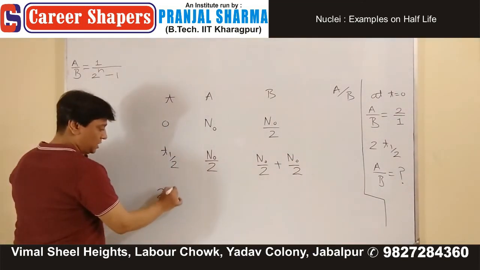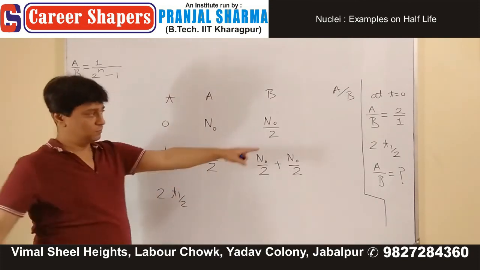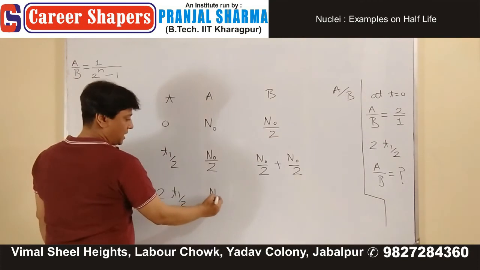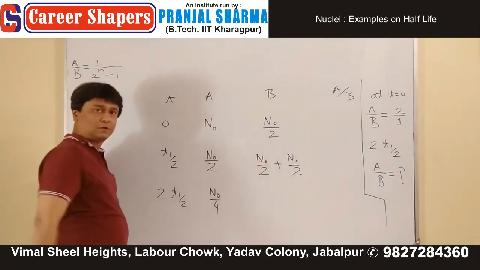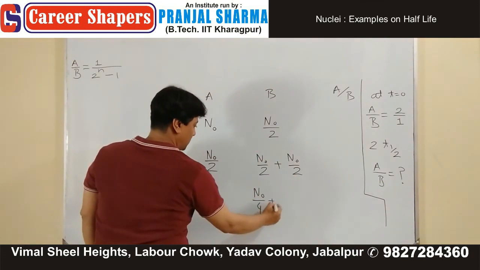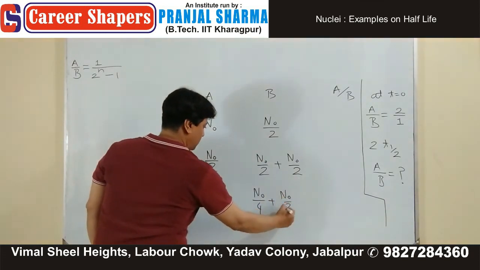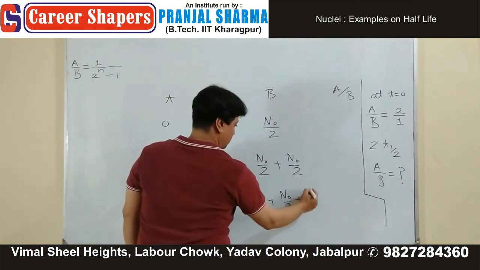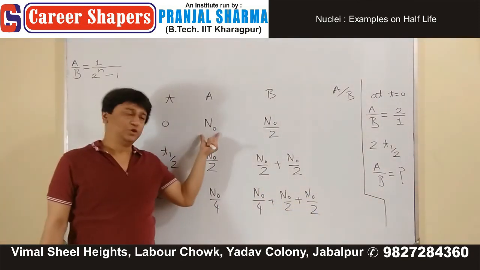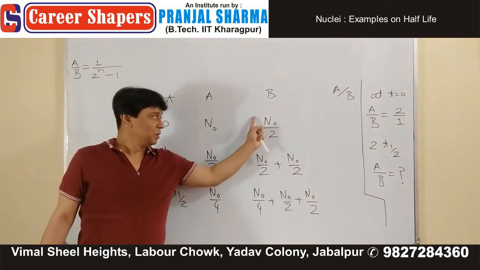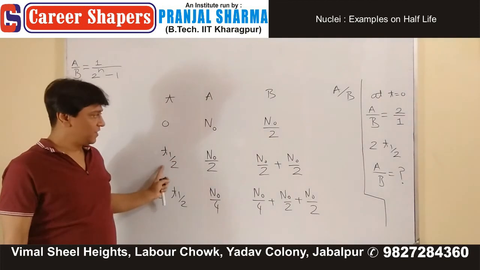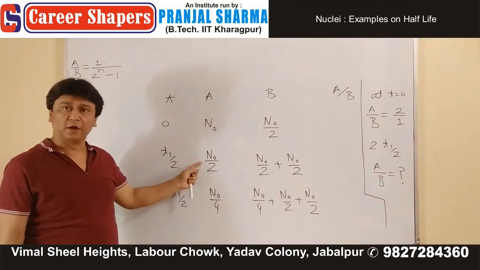After 2 T halves, this becomes N naught by 4. This becomes N naught by 4 plus N naught by 2 plus N naught by 2. Initially only A is present. No disintegration of B takes place. After one half-life, N naught becomes N naught by 2.